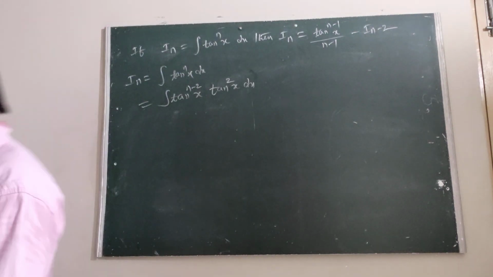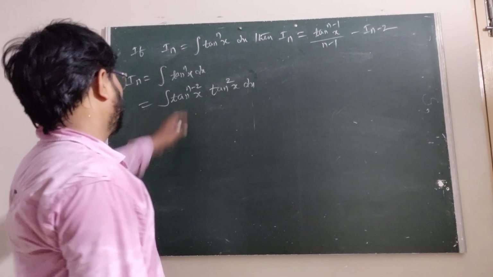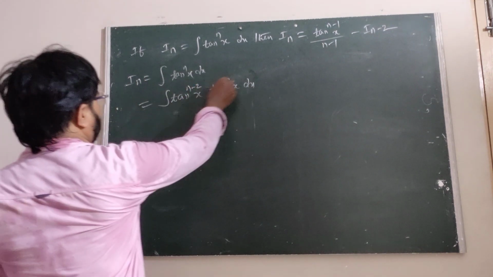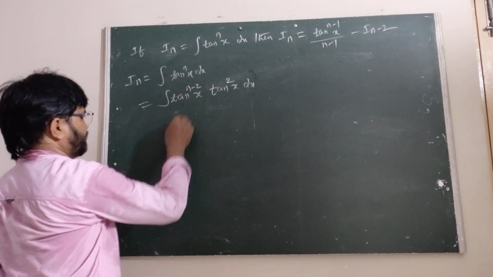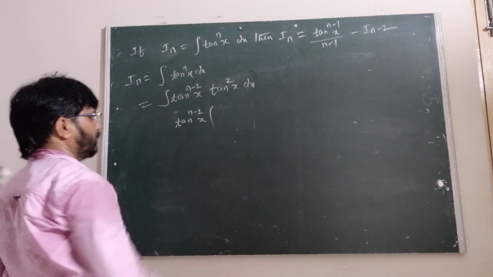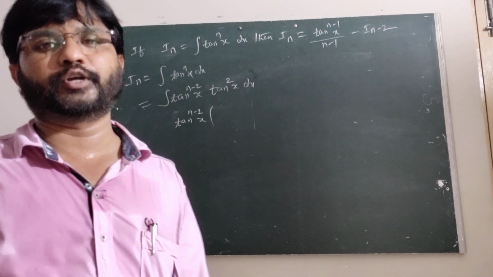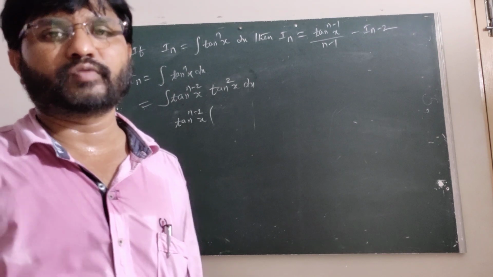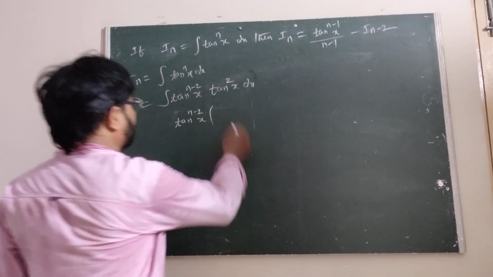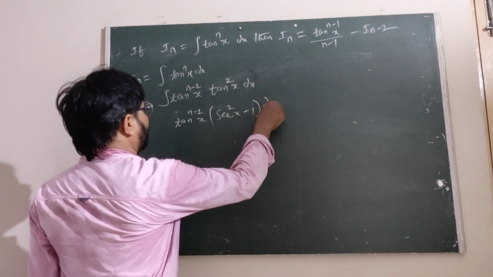Here the first step is tan power n minus 2 into tan square x. Minus 2 plus 2 cancel. The next step is tan power n minus 2 x. We know that secant square x minus tan square x equal to 1. Therefore, tan square x is secant square x minus 1 into dx.